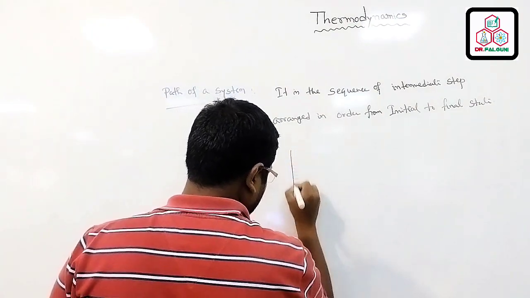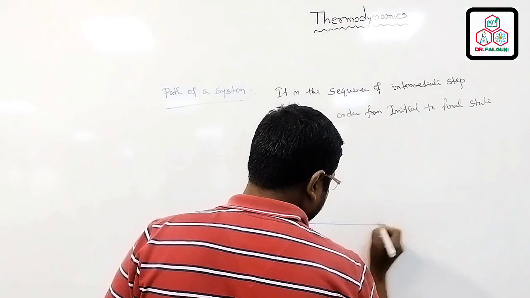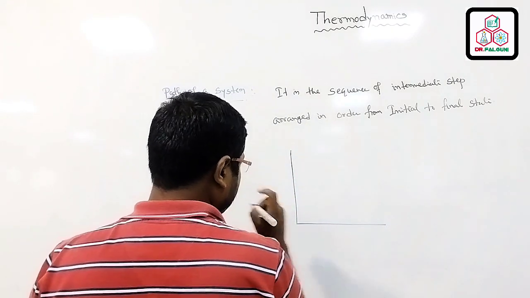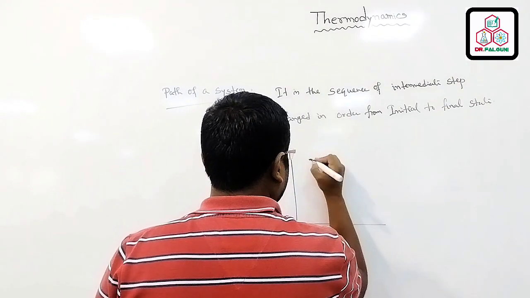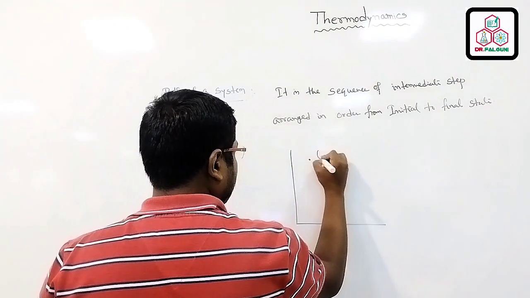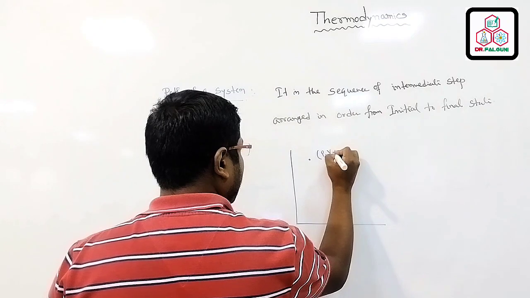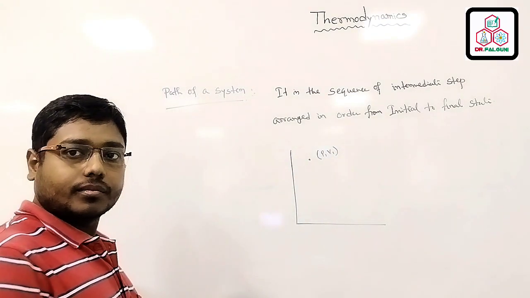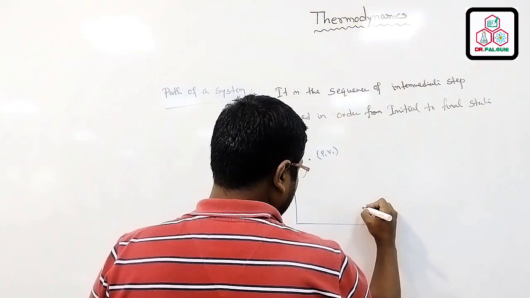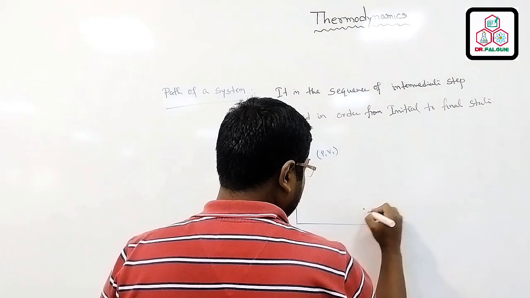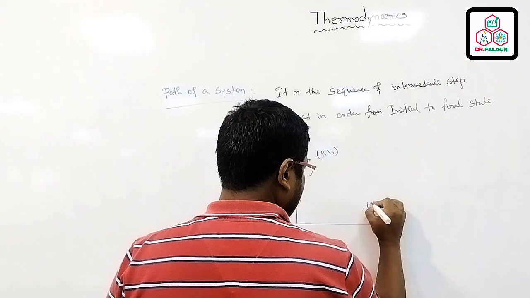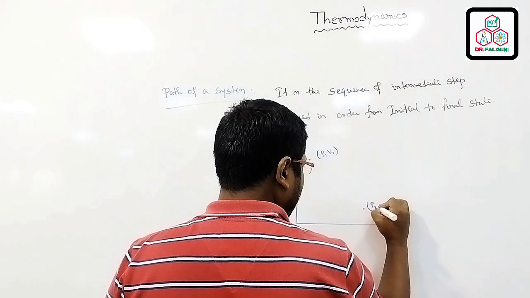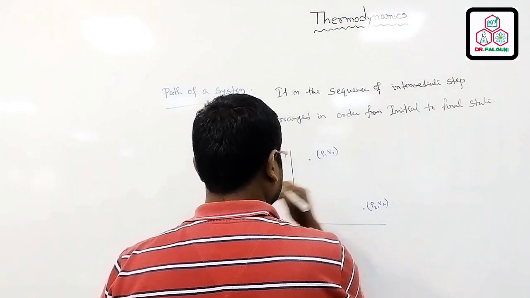Suppose it is a PV diagram. Here is the initial state, that is P1, V1, and this is the final state, the point P2, V2.